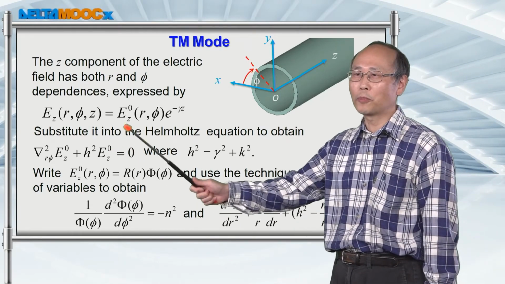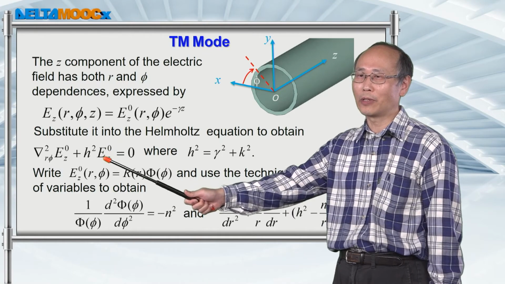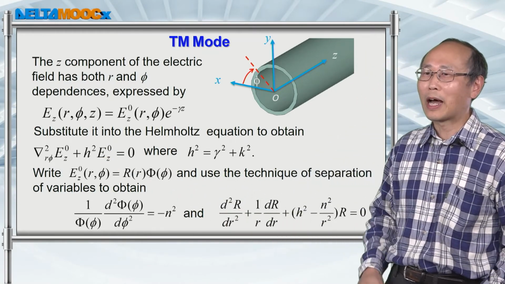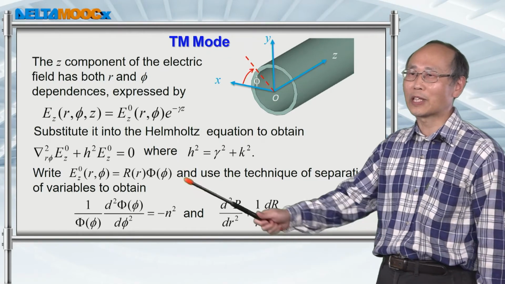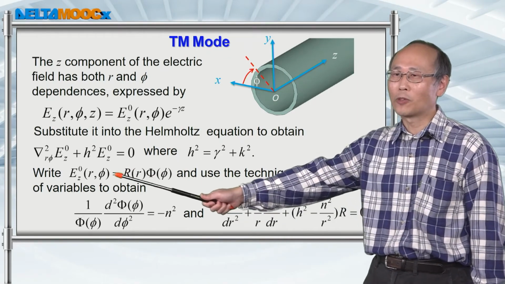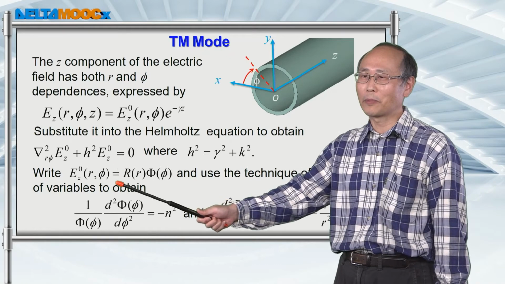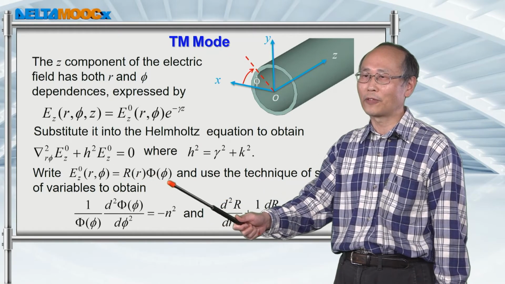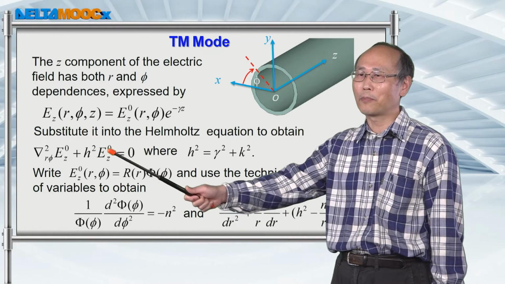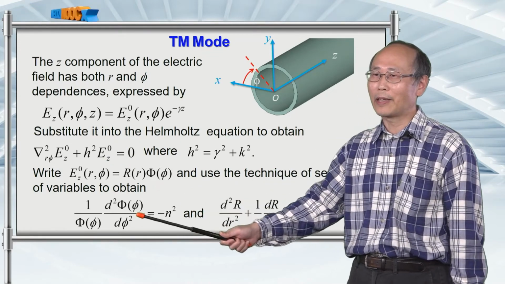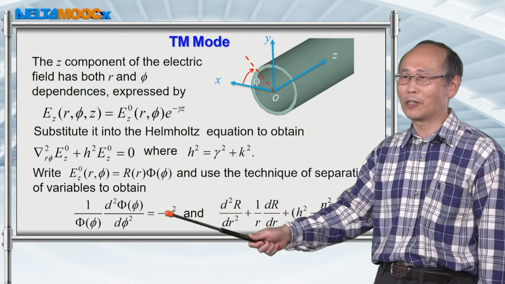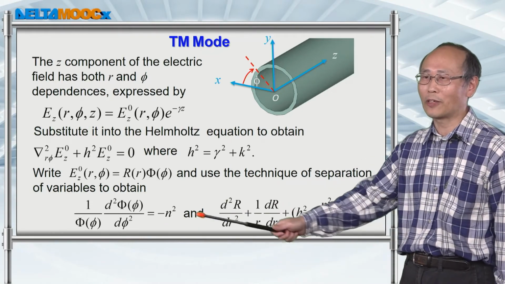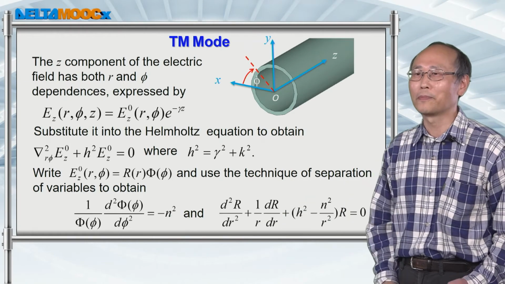So once you put this expression into Helmholtz equation, then we use the technique called separation of variables to solve the problem. Well, you just write down this Ez as a multiplication of R as a function of r and Phi as a function of phi, and then put it into this expression. Then you separate this expression into two independent expressions connected through this n squared.